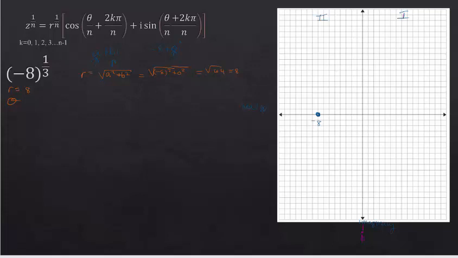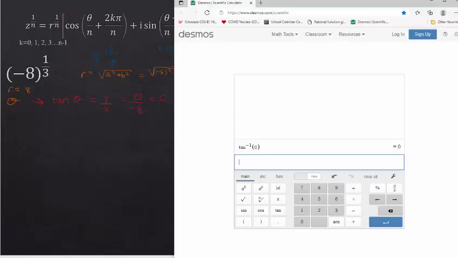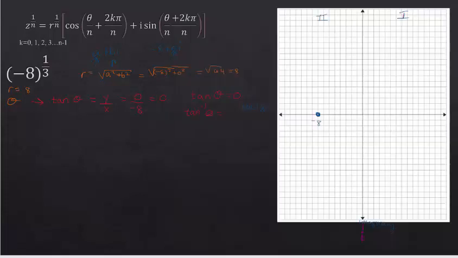So we could say the tangent of theta is going to be equal to our y divided by x, or in our case, it's 0 divided by -8. So that's 0. So the tangent of theta equals 0. So the arctangent, I'm going to write it this way, of 0 will give us the value of the theta. And if we plug that into a calculator, you can see that that comes out to be 0.